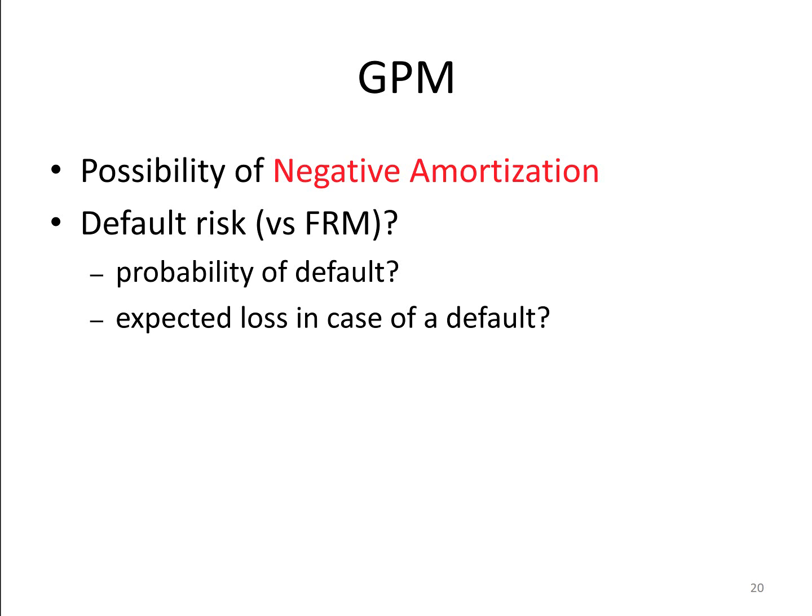If we compare the default risk of a graduated payment mortgage versus a fixed payment mortgage, the probability of default is higher for a graduated payment mortgage because it has a higher likelihood of negative amortization, and the expected loss in case of default will also be higher because the outstanding balance is growing over time.